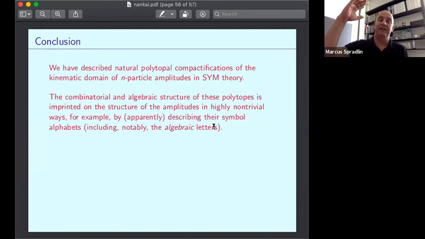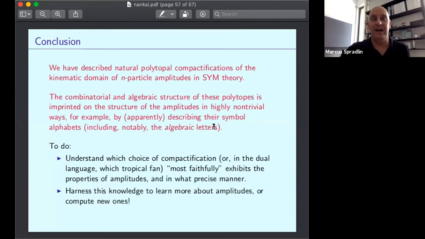So all of those long lists of symbol letters for 8 and 9 particles that you saw in Anastasia's talk, those are all included in the lists of cluster variables that we get associated to these polytopes. They just pop out. Notably, we see other cluster variables that haven't appeared yet in physics calculations, possibly because we're looking at the wrong polytopes, or possibly because those additional symbol letters appear in higher loop calculations that have not yet been performed.